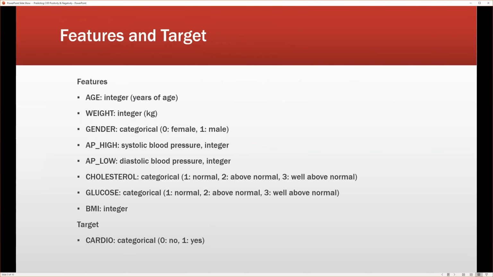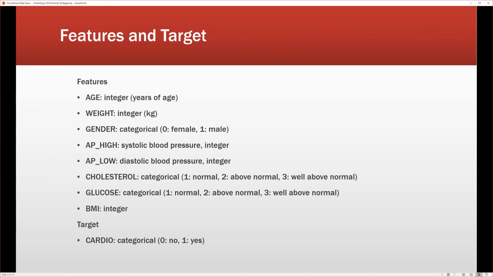Here's just a snapshot of the features and target that I'll be using. The features will be the age of a person, how much they weigh, the gender, which would be either female or male, woman or man, the AP high and AP low, which are the systolic blood pressure and the diastolic blood pressure, as well as cholesterol.